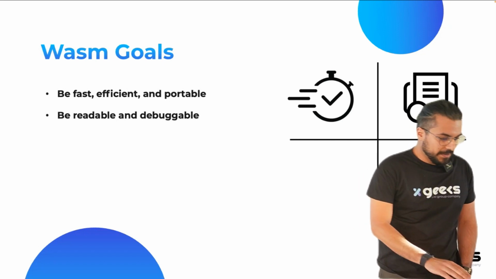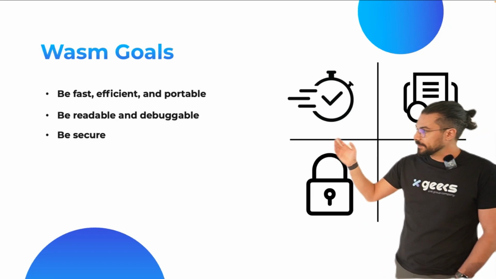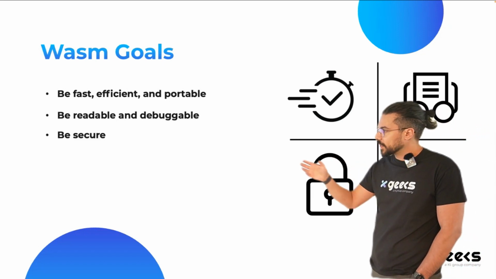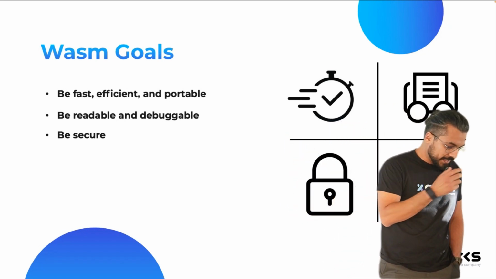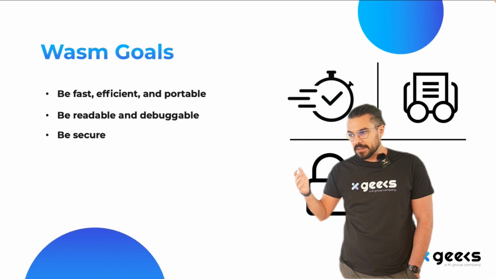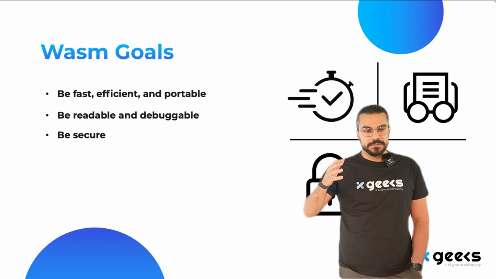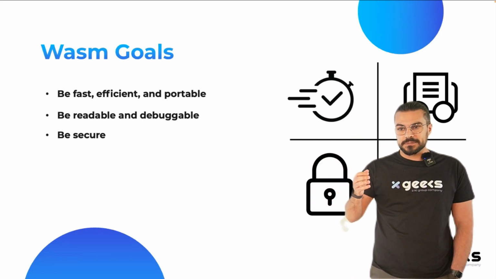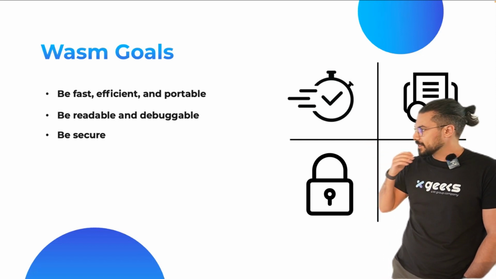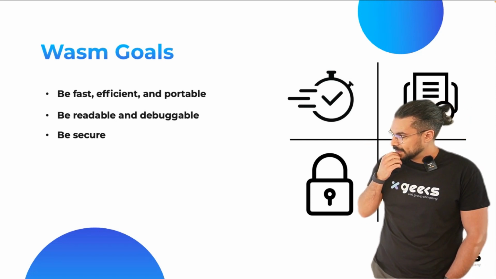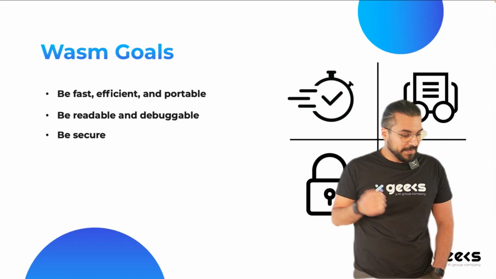It's assembly. To be secure, and security is one of the main points of WebAssembly, because let's face it, if you are running code on a browser, it needs to be secure, right? You go to a multitude of websites and you need to be secure.